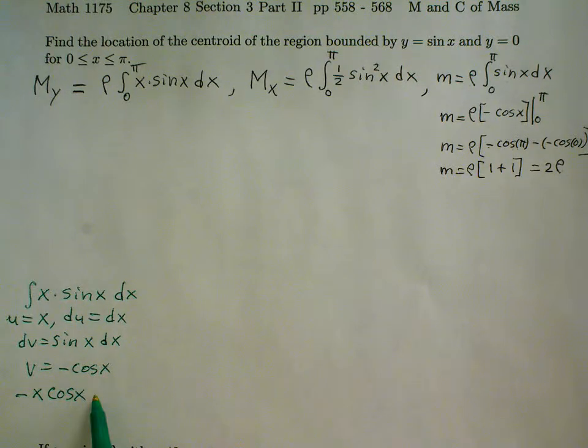And then we're going to subtract the integral of v du. So we're subtracting a negative, so that's plus the integral of cosine of x dx. And an antiderivative of cosine of x is just sine of x. So our integral is negative x cosine of x plus sine of x.